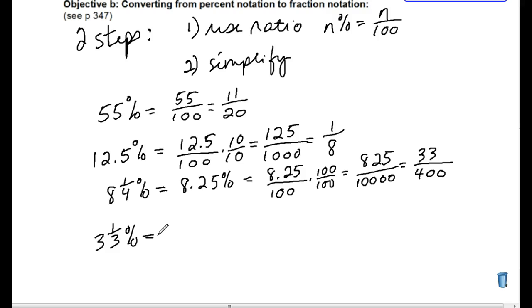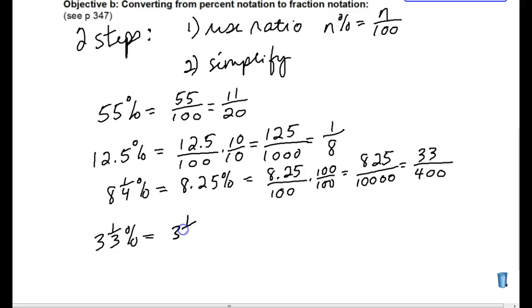Well, the 1/3, I can't put it into its decimal form because it repeats, so I can't write it over 100 with a repeating decimal and clear it by multiplying by 100 because I've still got the repeating decimal. So I'm going to use the definition of converting to a fraction by multiplying by 1 over 100: 3 1/3 times 1 over 100.